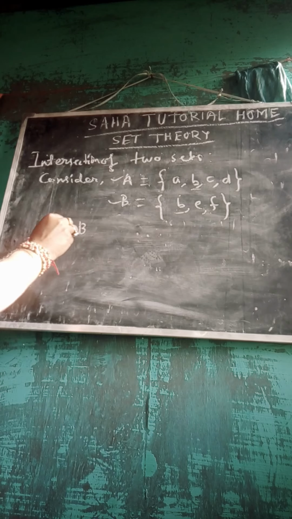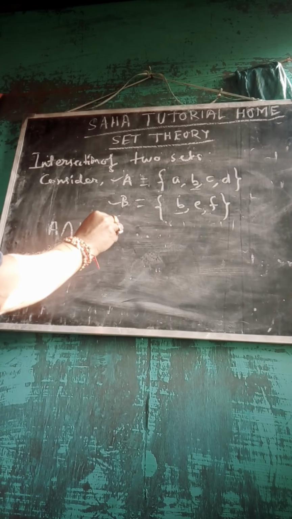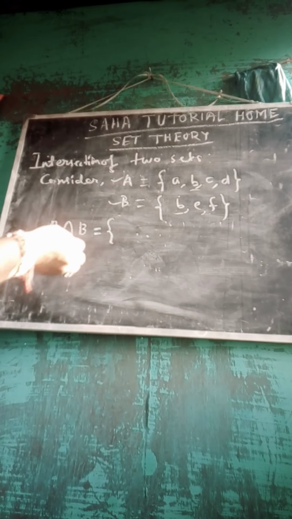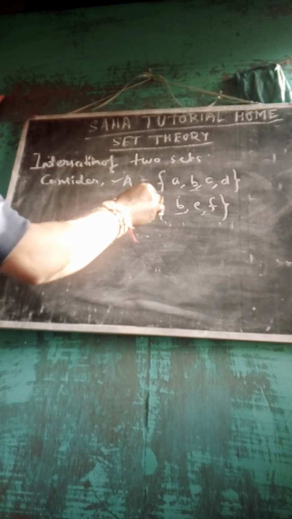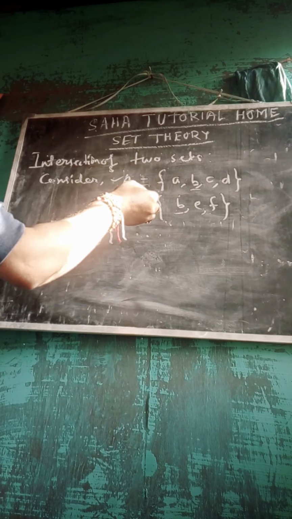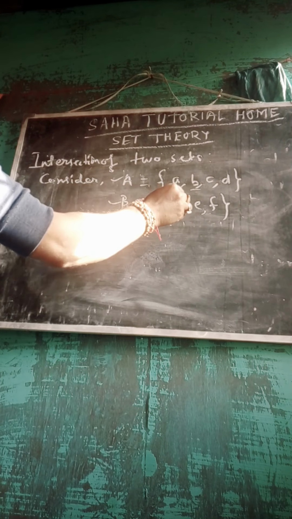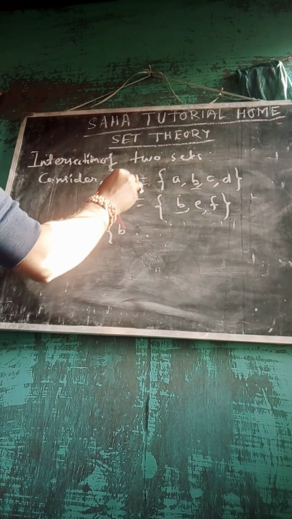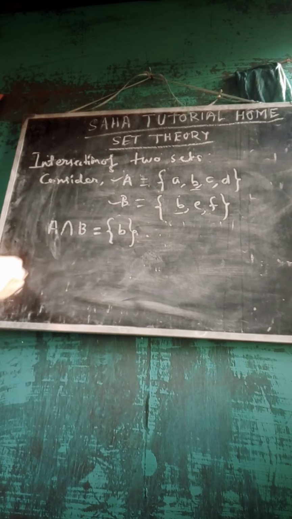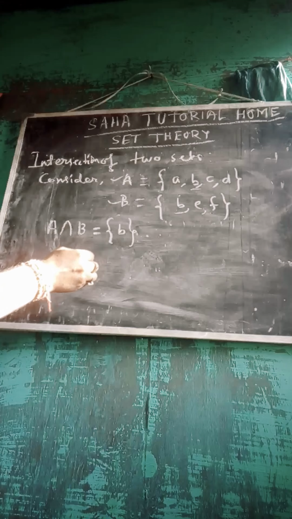This is the symbol of intersection. Here we take the common elements between the two sets. There B is the common element between these two sets, so B is the intersection of the two sets.